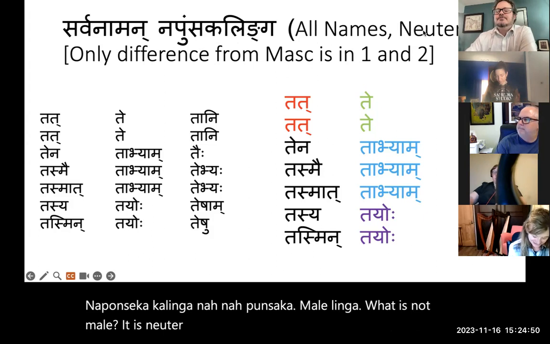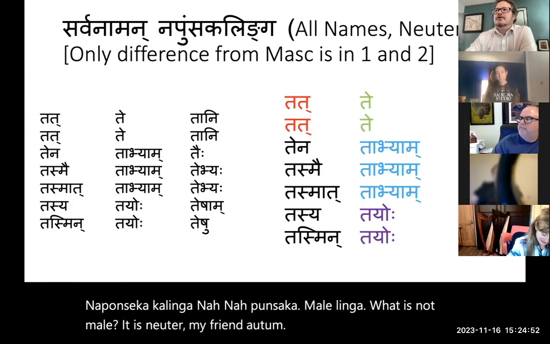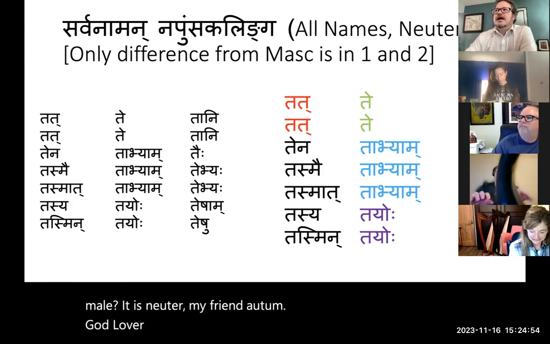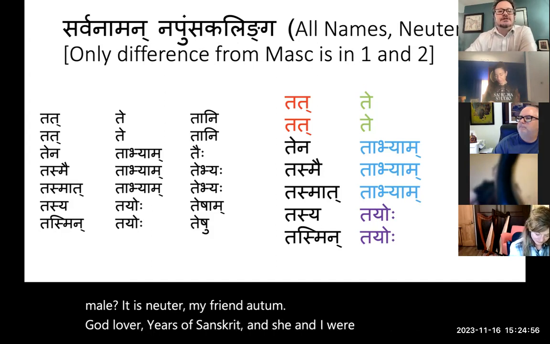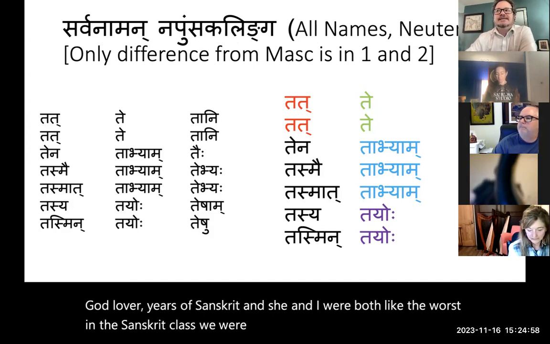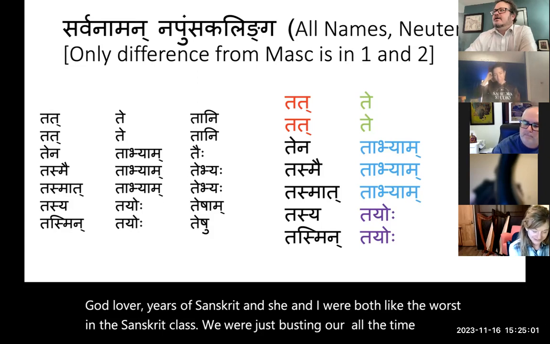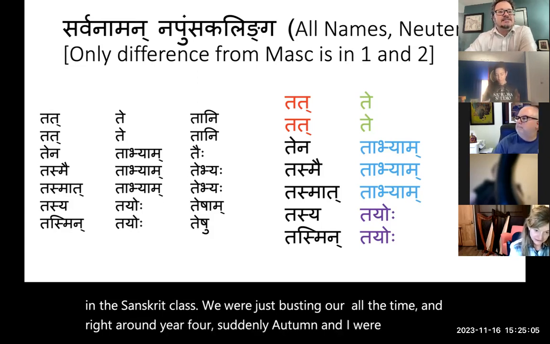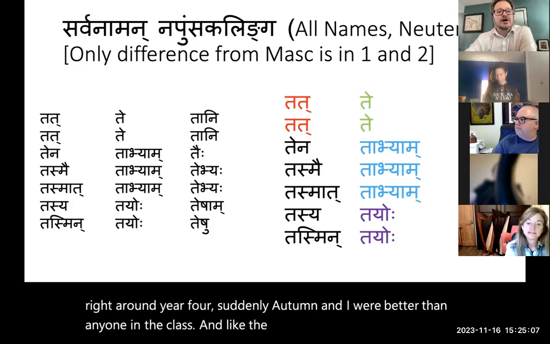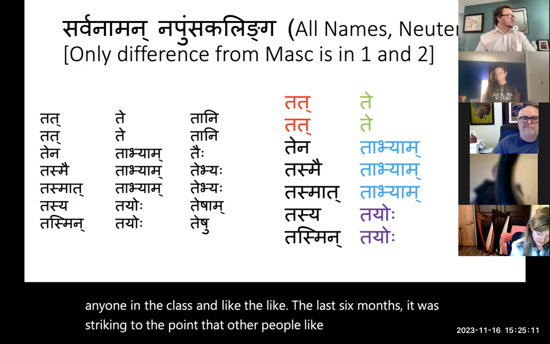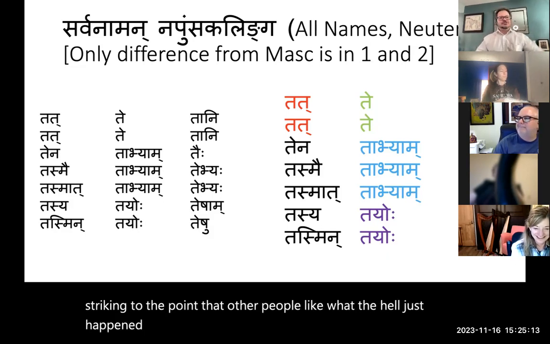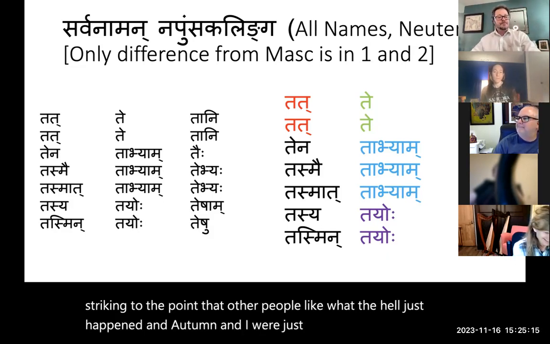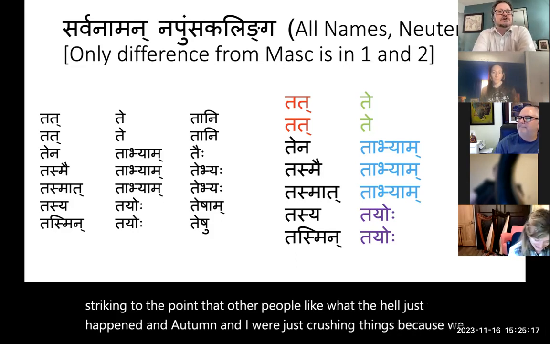My friend Autumn, God love her, years of Sanskrit. And she and I were both like the worst in the Sanskrit class. We were just busting our asses all the time. And right around year 4, suddenly Autumn and I were better than anyone in the class on like the last 6 months. It was striking, to the point that other people were like, what the hell just happened? And Autumn and I were just crushing things because we'd been working so hard.